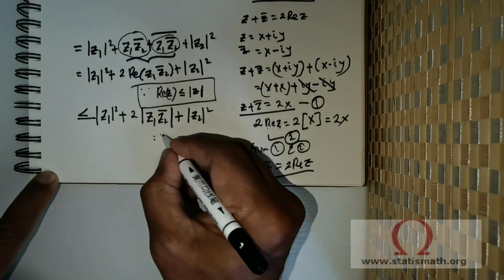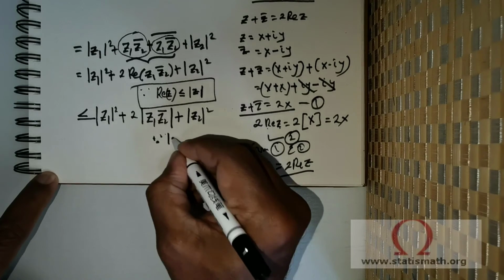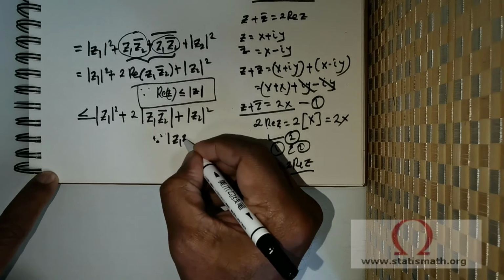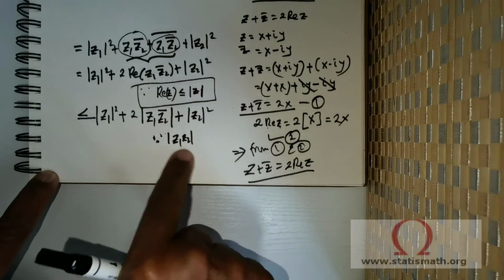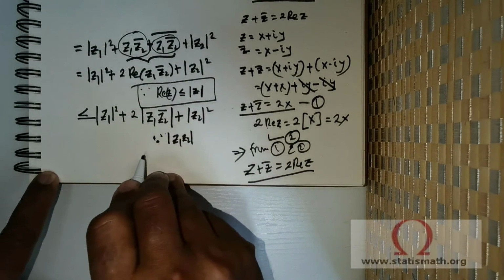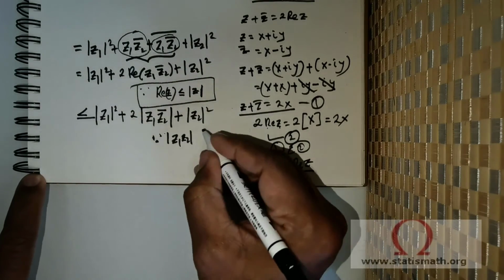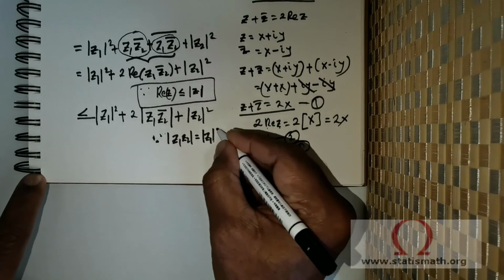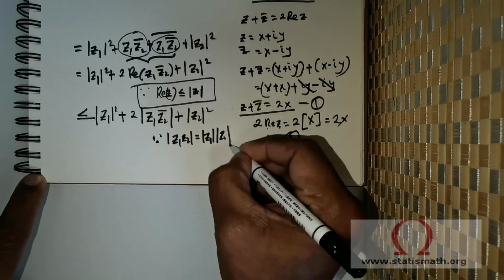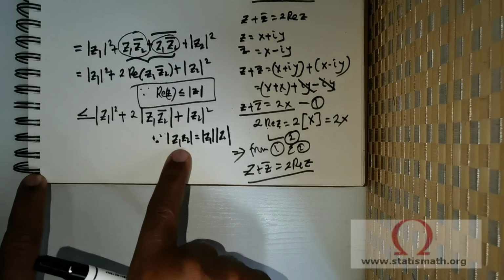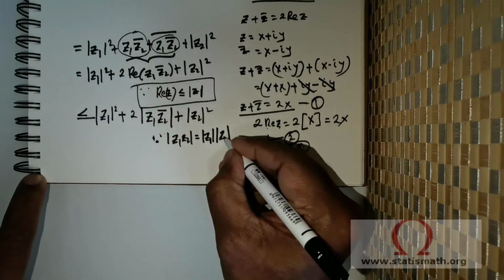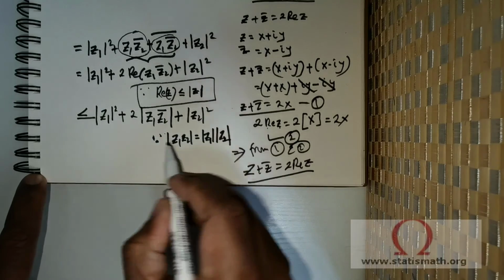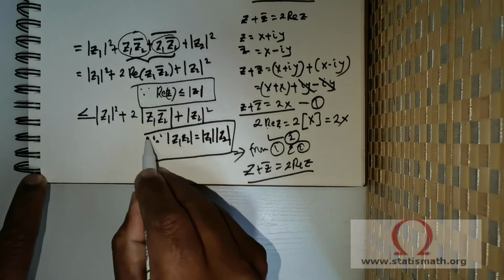Now there is another property you have to know. When you take two complex numbers, take their product, and then take the modulus, that would always be equal to the modulus of z1 multiplied by the modulus of z2. So modulus of the product is equal to product of the moduli. This is another important property. This property can also be proved.